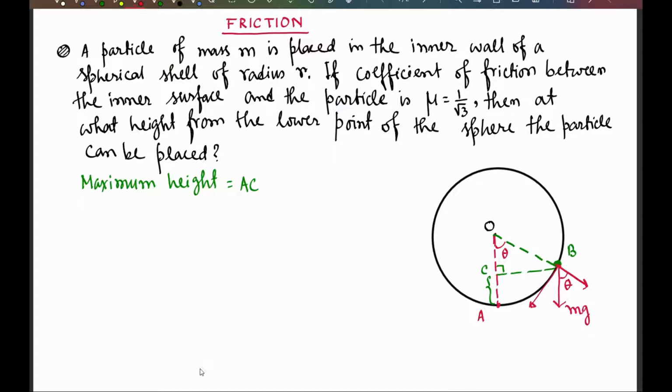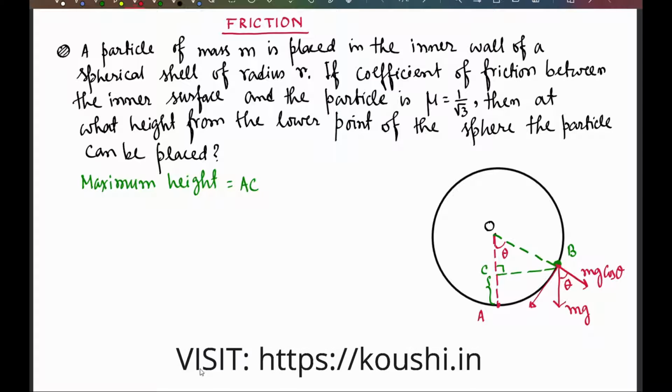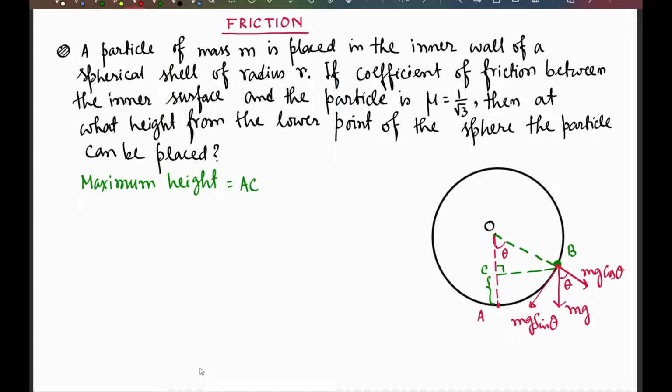Therefore the perpendicular component is mg cos theta, and the tangential component is mg sin theta. Due to mg sin theta, the particle has a tendency to move from point B to A. Therefore, the frictional force acts tangentially in the opposite direction, in this direction.